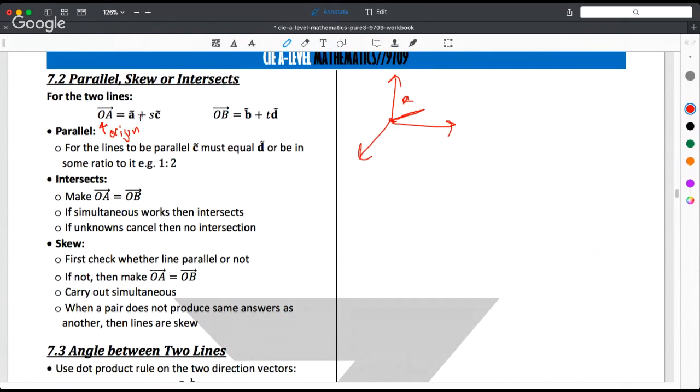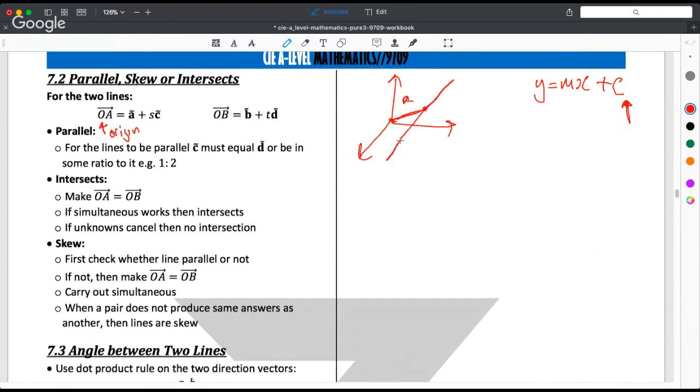You know how we have y equals mx plus c? This A is like the c term. So this takes you onto the line, and when s equals 0, that is the intercept. And then this s value multiplies by c, which is another vector, and c takes you along this line.